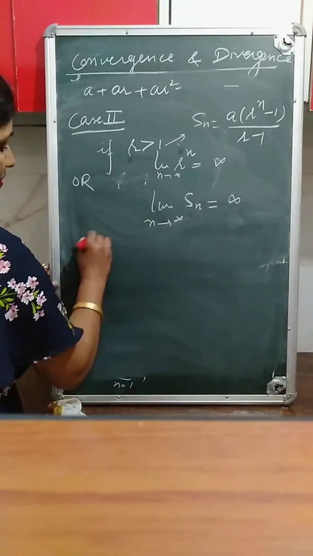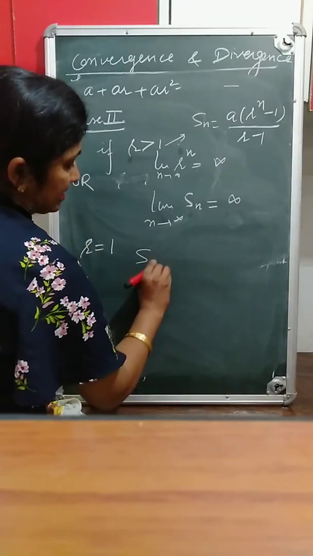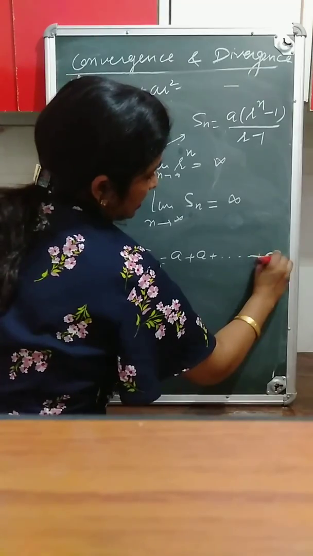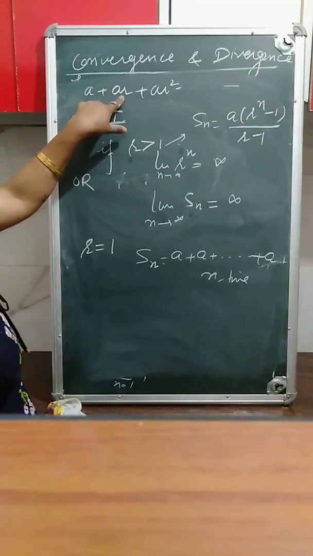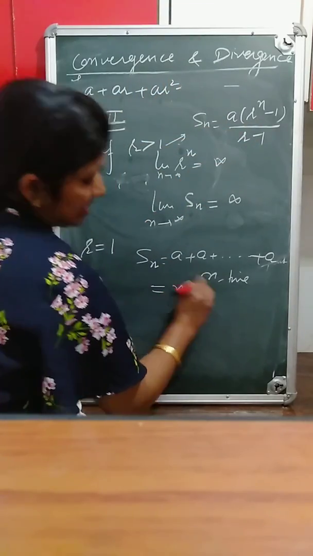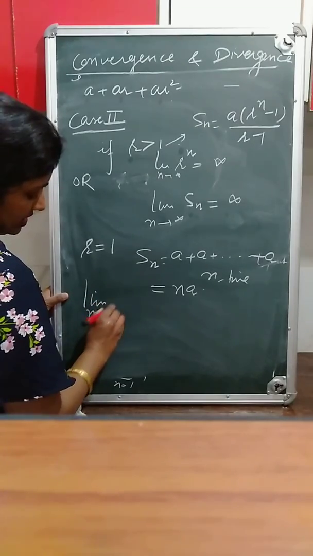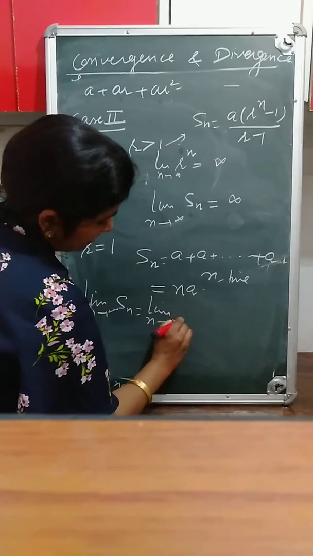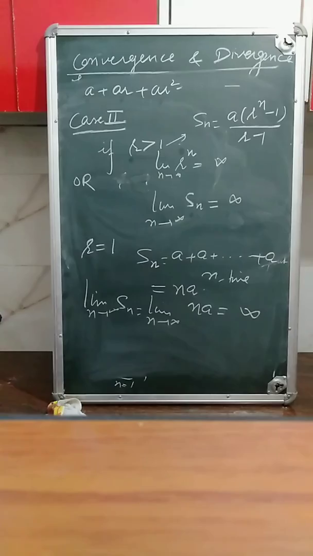And if r is equal to 1, then in this case Sn will be a plus a, n times. Put r equal to 1, a n times, this is n into a, and so limit n tending to infinity Sn will be limit n tending to infinity n into a, and this will again be infinity.